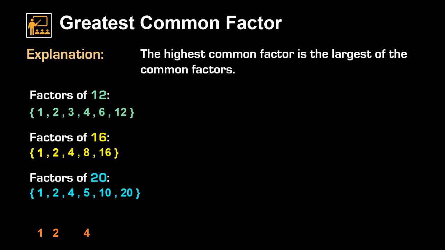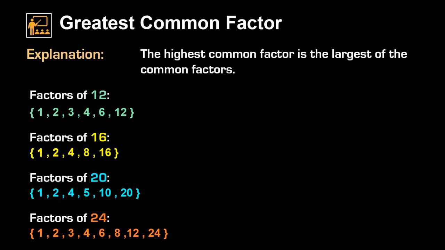And the last one is the factors of 24, which are 1, 2, 3, 4, 6, 8, 12, and 24. So we need to get the highest common factor from all 4 of these numbers, 12, 16, 20, and 24.